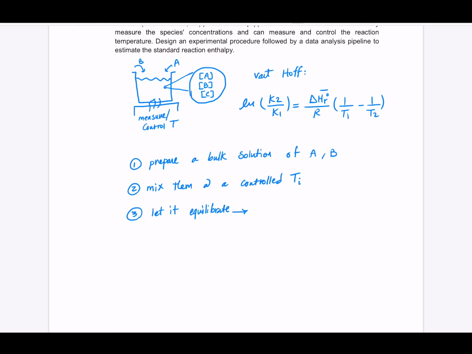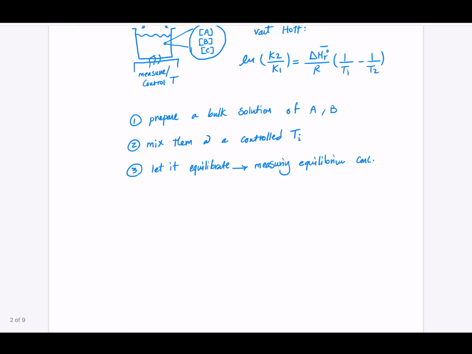And now we use the other tool we have, which is basically measuring the equilibrium concentration. So what we're getting at 0.3 is the concentration of A at Ti, the concentration of B at the same temperature, the same for C.